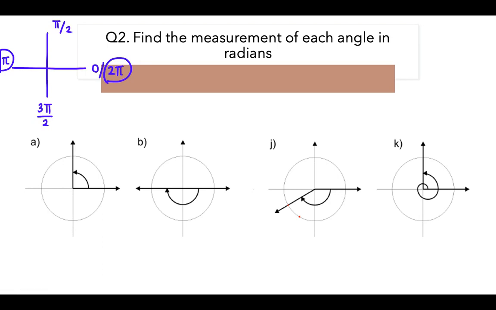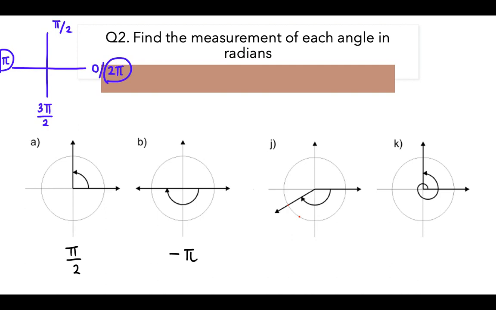For letter A, it's half of a straight line, which is pi over 2. And we have a straight line going in a negative direction, clockwise, so it's negative pi.